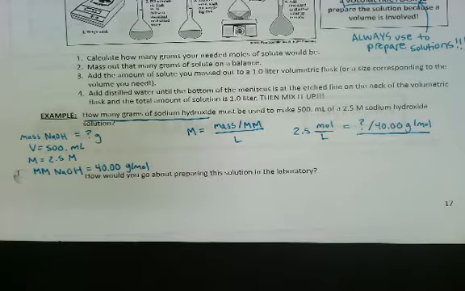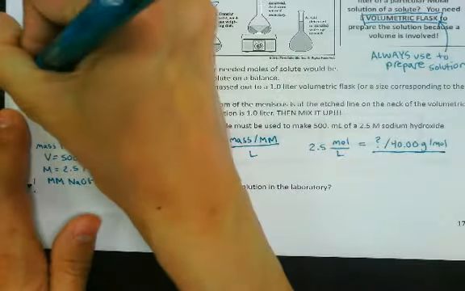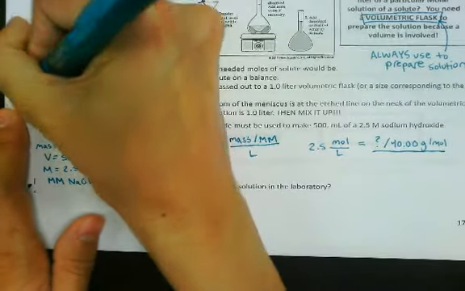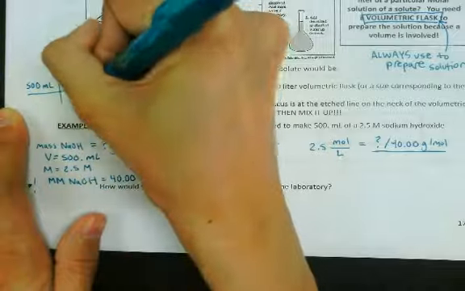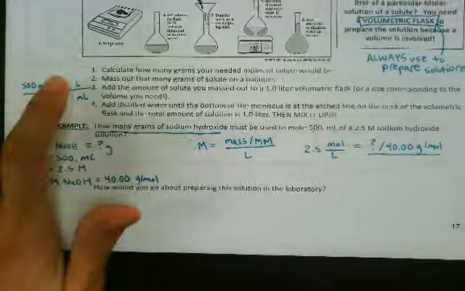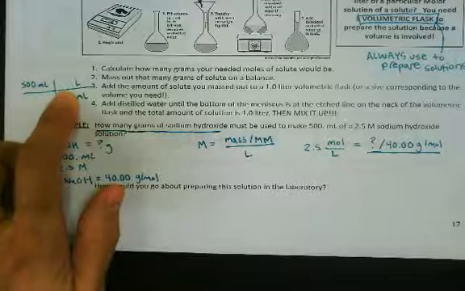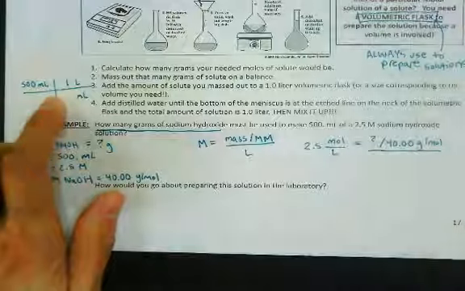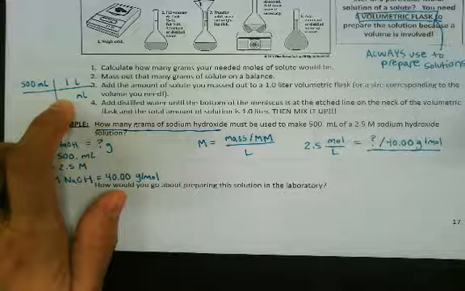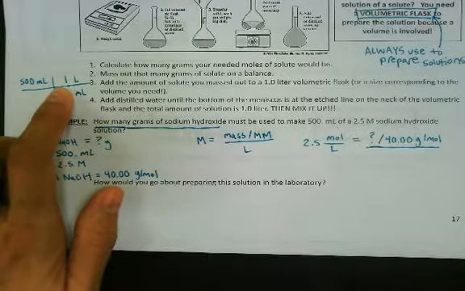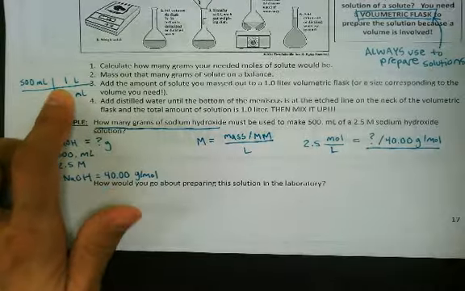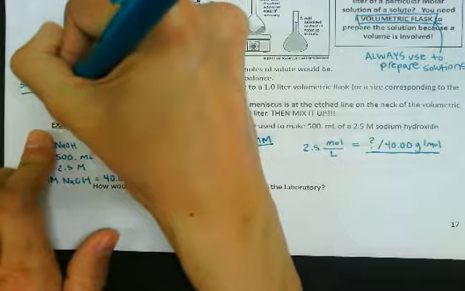You could use dimensional analysis, exactly. How would we set up that dimensional analysis? If we had 500 milliliters, what would go on the top, what would go on the bottom? What would go on the top, y'all? 1. How many milliliters are in 1 liter, y'all? 1,000. I heard somebody say 1,000.